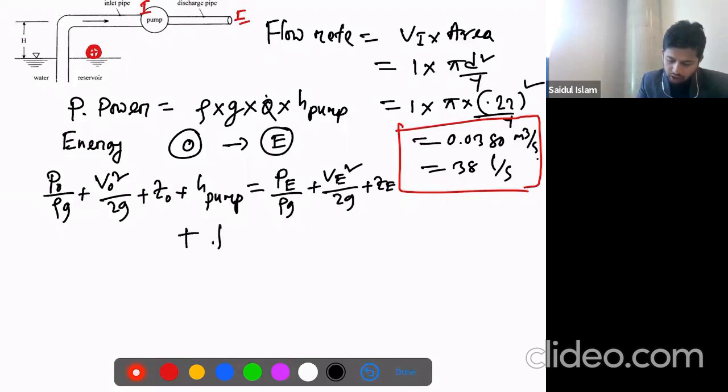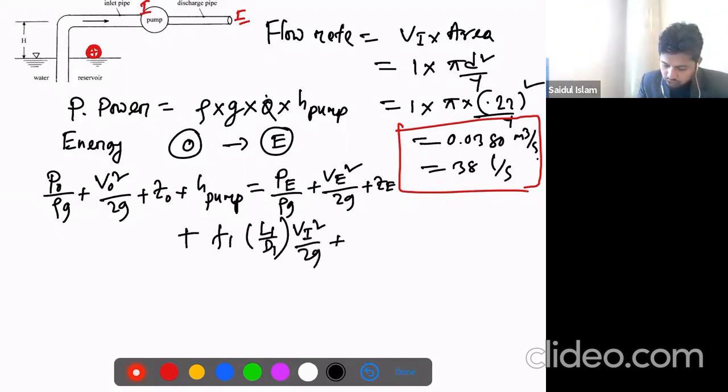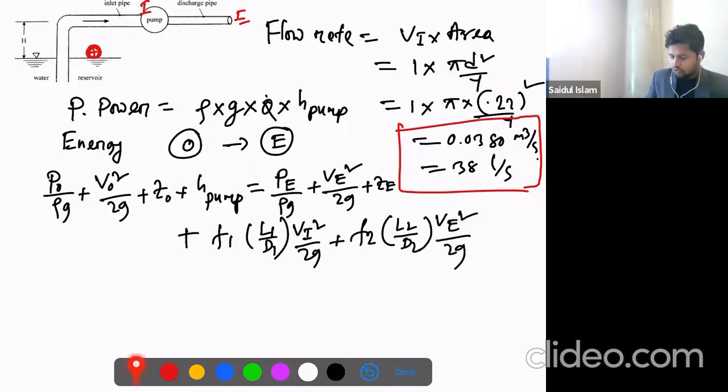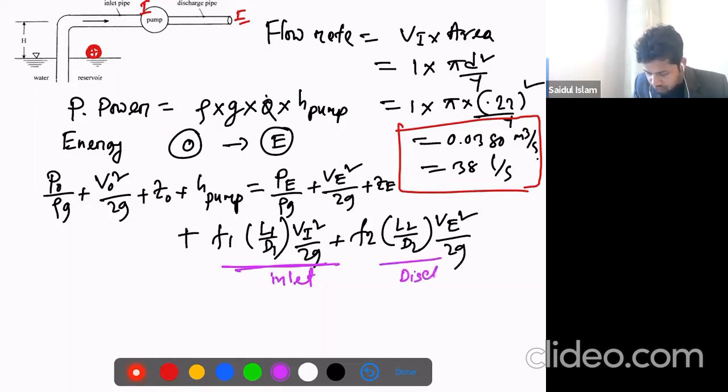That means f1 L1 over D1 times V1 squared over 2g, and f2 L2 over D2 times V2 squared over 2g. See guys, this is the friction factor for the inlet pipe, and this is the discharge pipe. We already know the friction factor f1, and f2 we don't know. We will calculate that one.